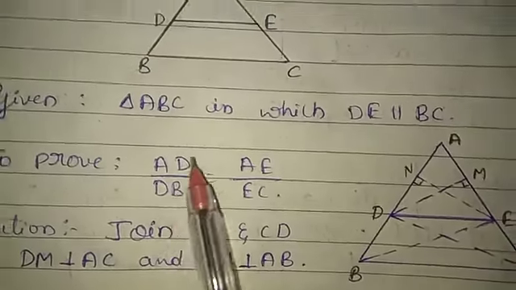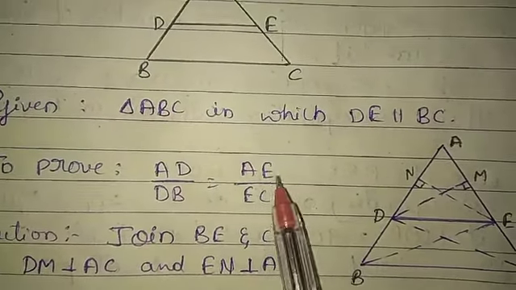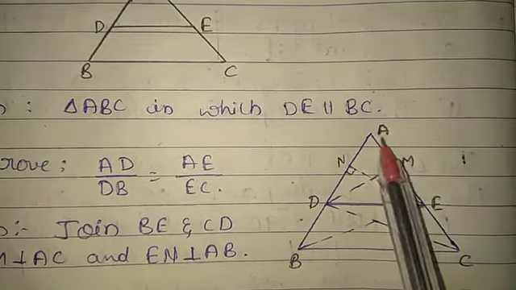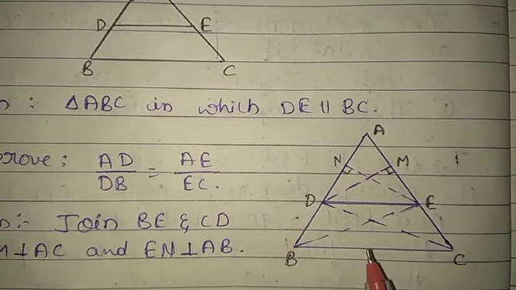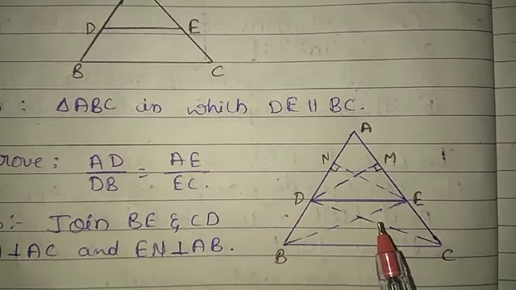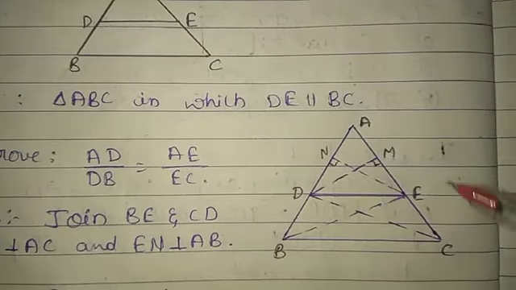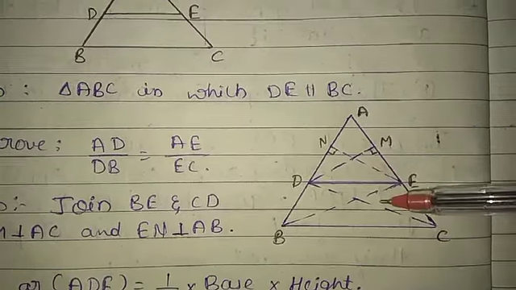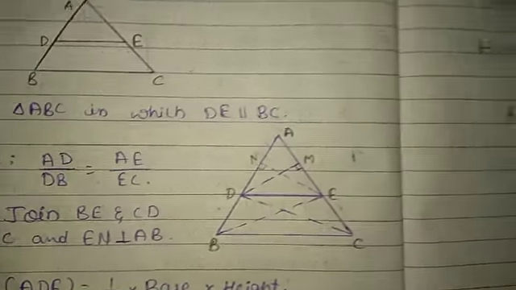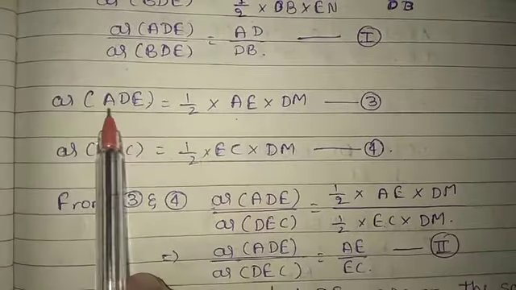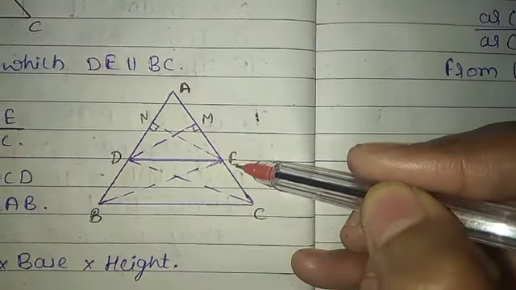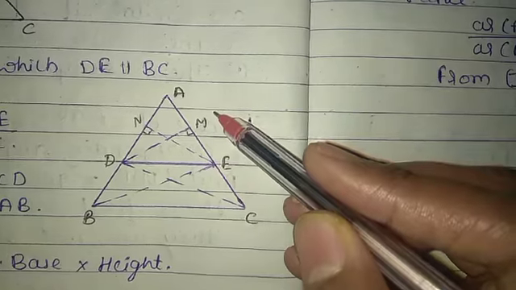So we get AD divided by DB. But we want the other ratio too, so take the triangle ADE and another triangle DEC. Find out their areas and divide them. Area of ADE is 1 divided by 2 into base into height. The base is AE and the height is DM.